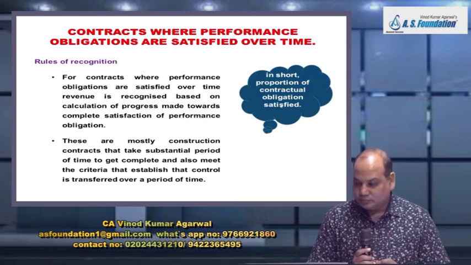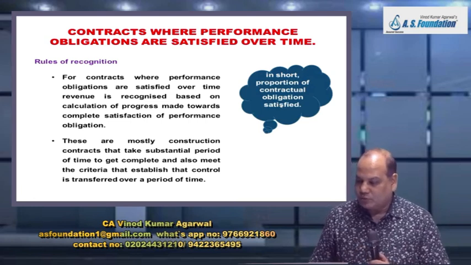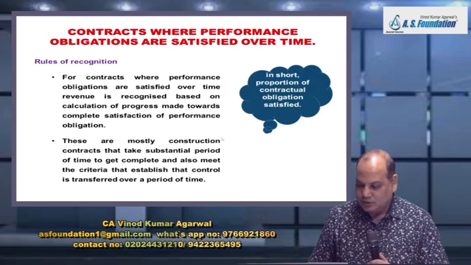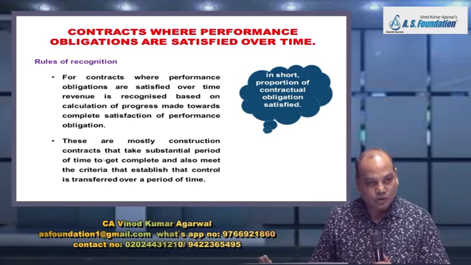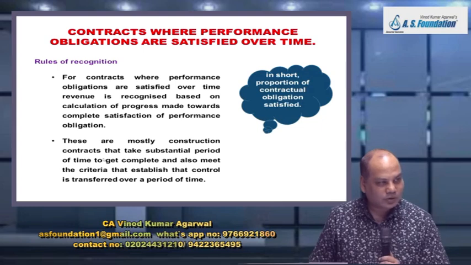Which means proportion of contractual obligation satisfied. And this formula that we learned yesterday, output method, input method, would be usually applied for construction contracts, but not necessarily construction contract only.